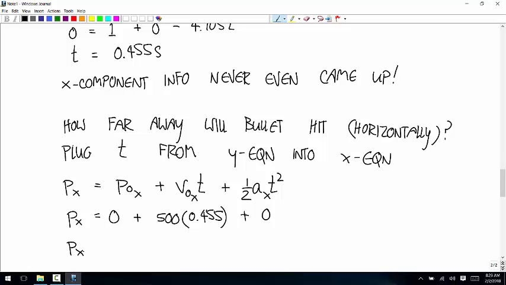And so px is equal to 277.5, something like that.